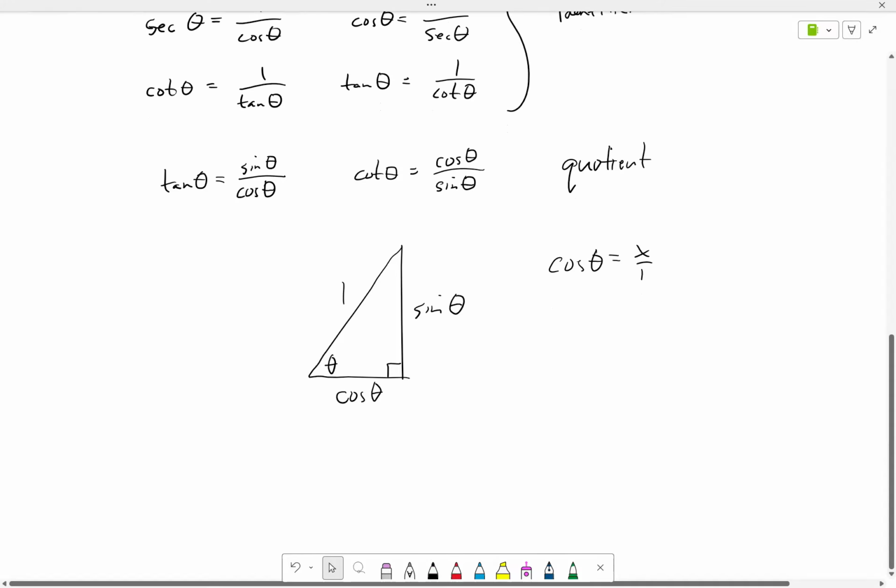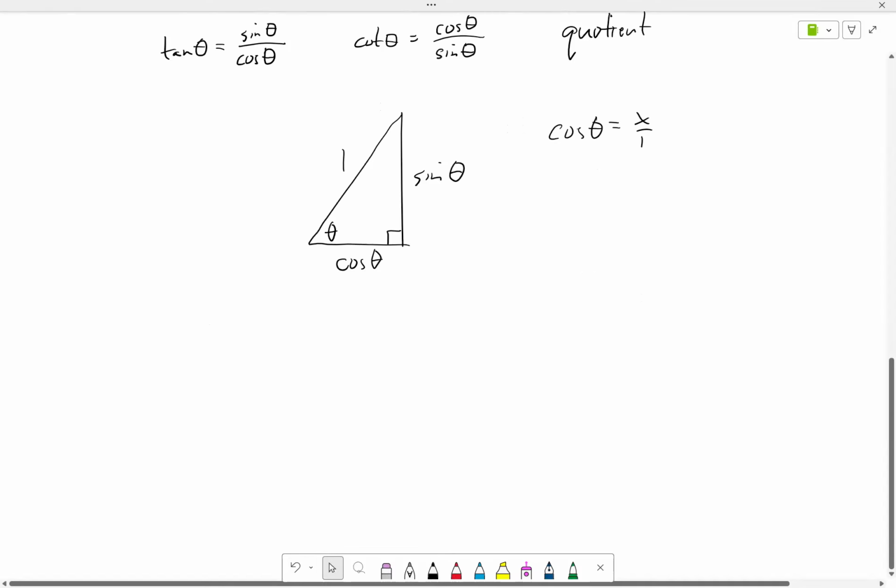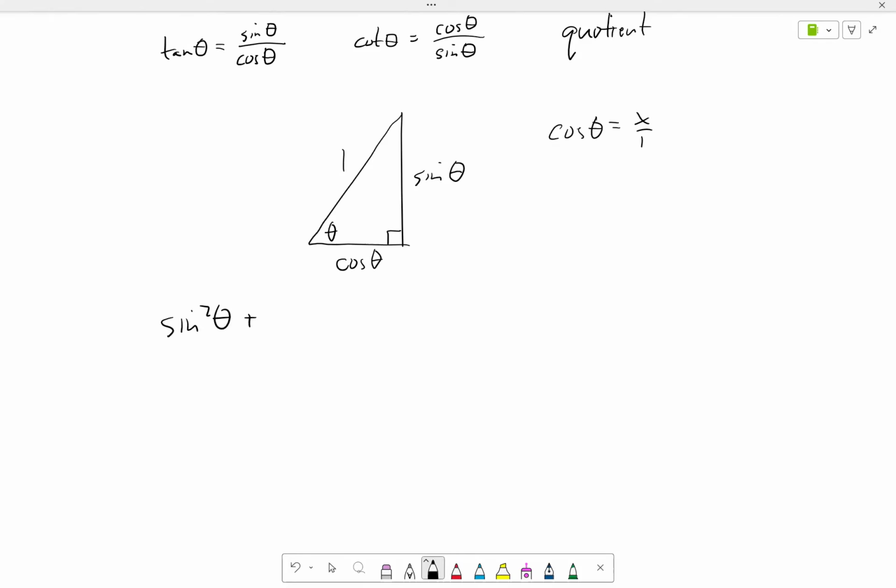Maybe you did this last year. The next set of identities is called the Pythagorean identities. Do you know what the first one is already? Sine squared theta plus cosine squared theta equals 1.